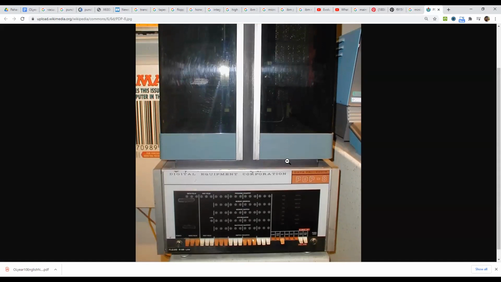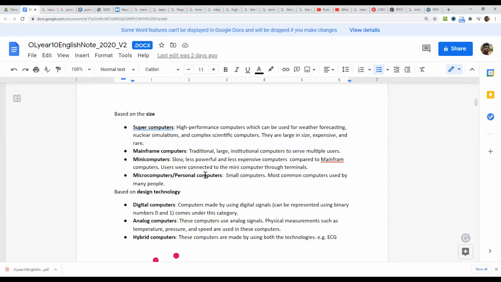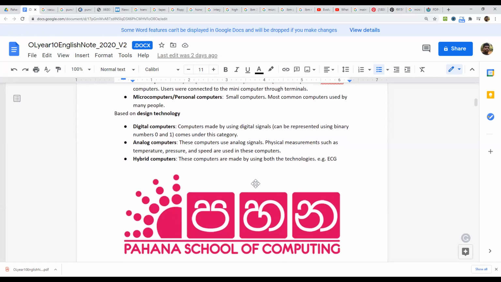The number of users was limited compared to mainframe computers. Microcomputers, we already know, means what we have with us today. Right now, we have discussed two main things: computer classification based on generation and based on size.